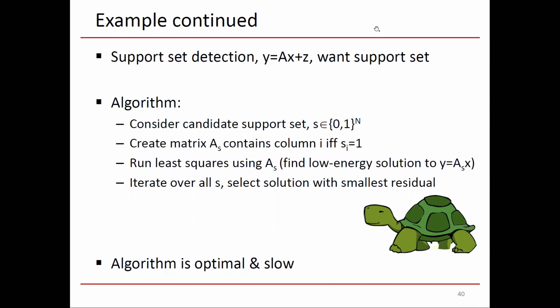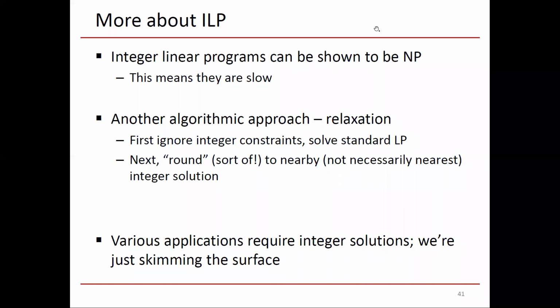Okay, so what can we do? So we have this integer linear program, and it can be shown to be in the class of NP problems. Now, what is the class NP? It's a class of problems that, on the one hand, we suspect that their runtime is exponential.